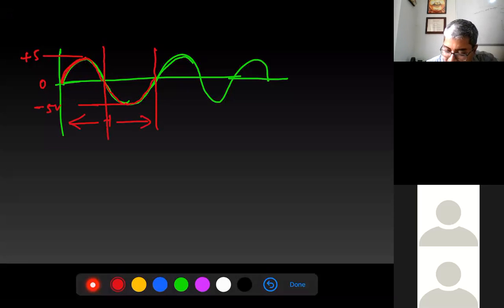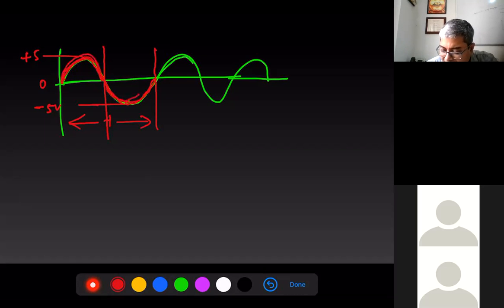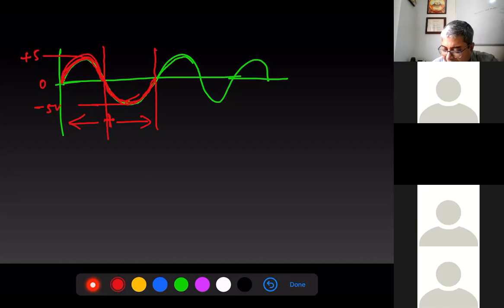So when it completes one cycle, it becomes a single wave. Now this single wave goes in t seconds. T seconds may be 0.005 second. Got my point? This is my time period.